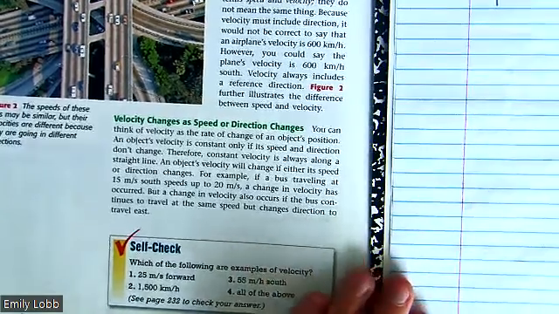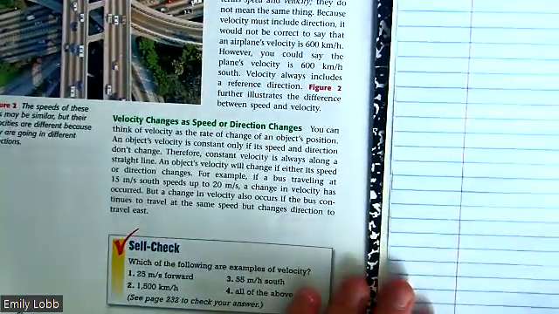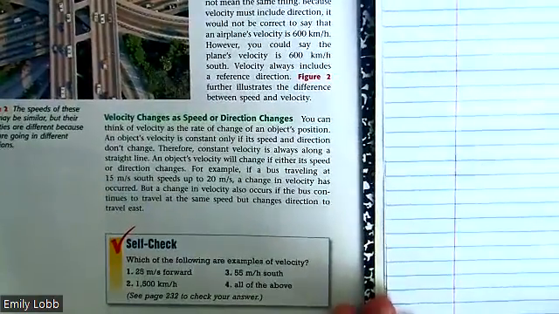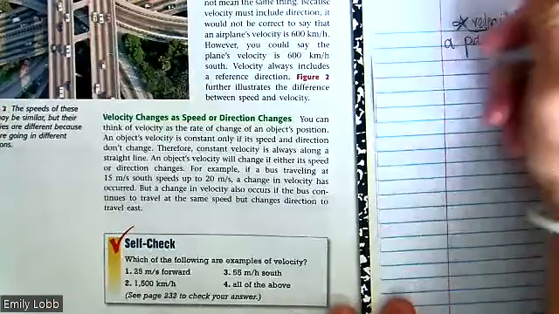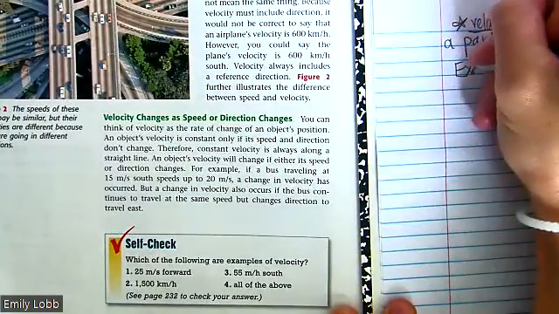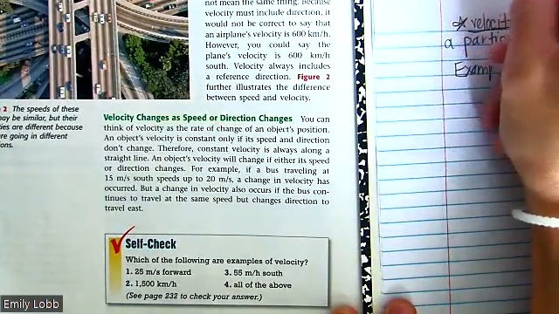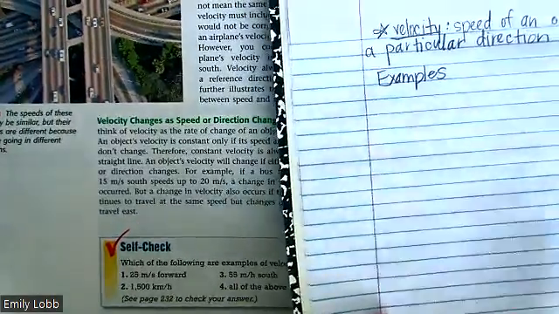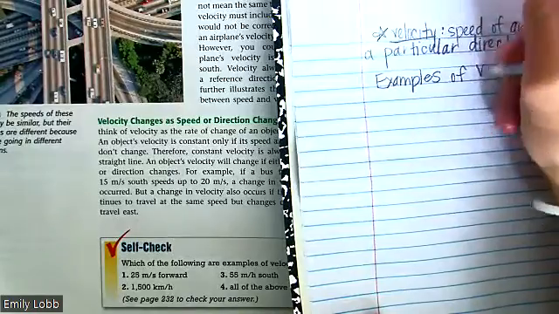All right, self-check here. Which of the following are examples of velocity? So I'm going to write examples. You can just write EX if you know that it stands for examples. Examples of velocity.